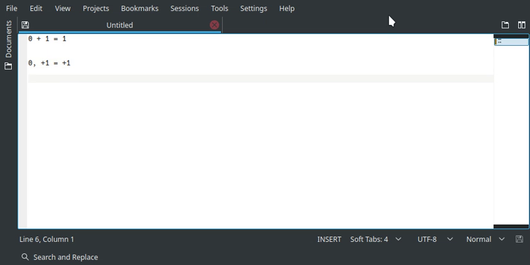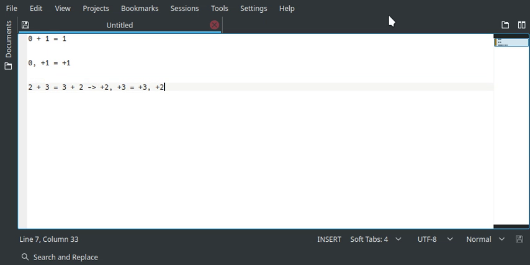So there's some interesting things about this though, right? If we had 2 plus 3, we could change that into 3 plus 2, right? So we either get the list positive 2, positive 3, or the list positive 3, positive 2.